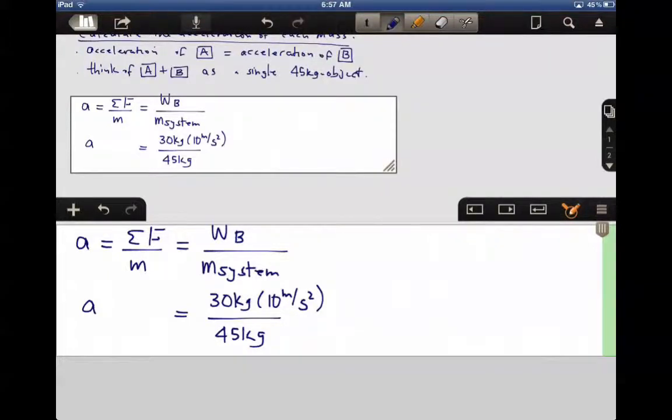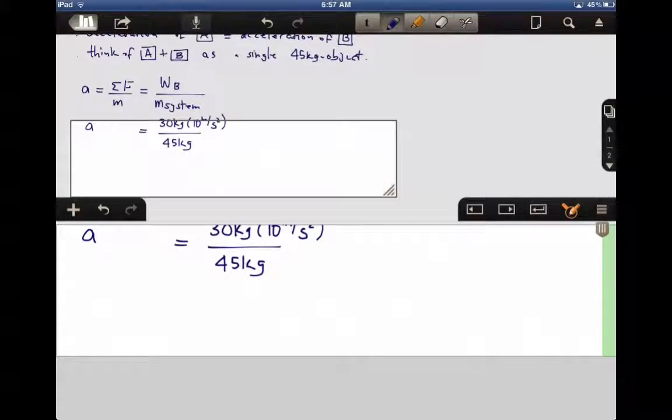I'm going to see that the acceleration is 6.67 meters per second squared.